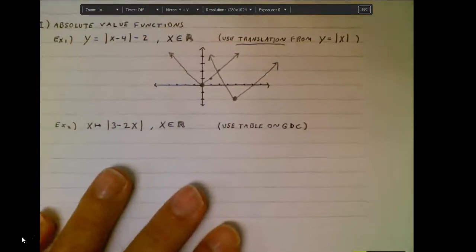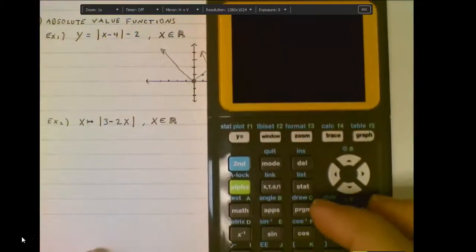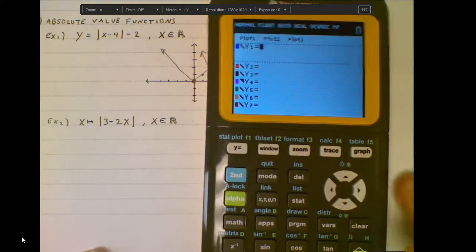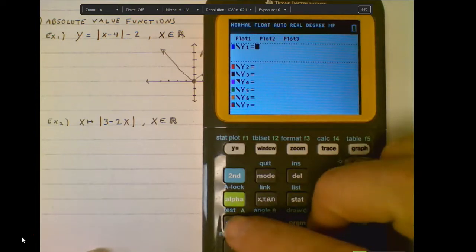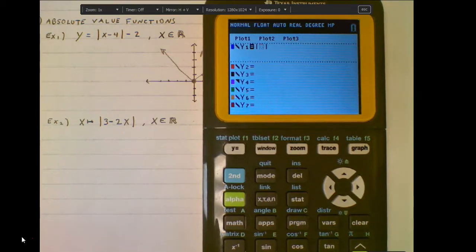Your calculator can do absolute value graphs, so let me show you that one real quick. You probably haven't used this feature before, but if you go into your y equals graph, the absolute value sign is under math, and if you bump to the right 1 column, it's the first option that says ABS. So hit enter and it brings up the absolute value for you.